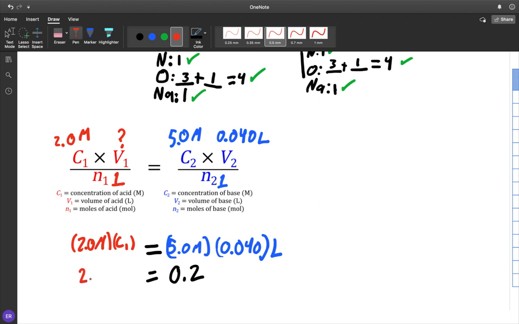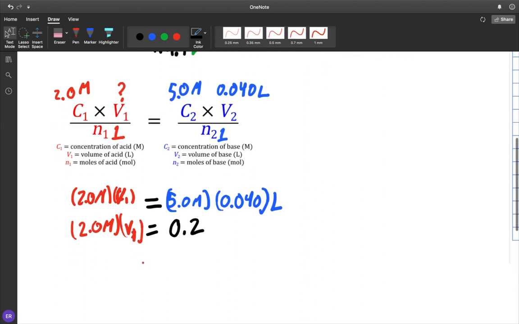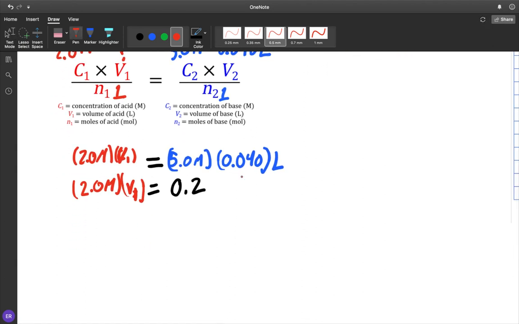So we have 2.0 molar, and then actually this is volume. Sorry, volume, V1. Okay, so now that we've simplified this part, let me just double check. 5 times 0.04. Yep, 0.2.